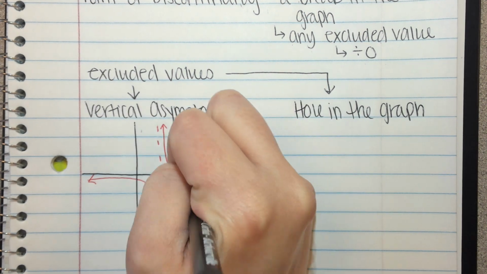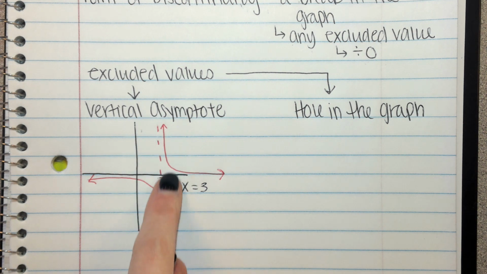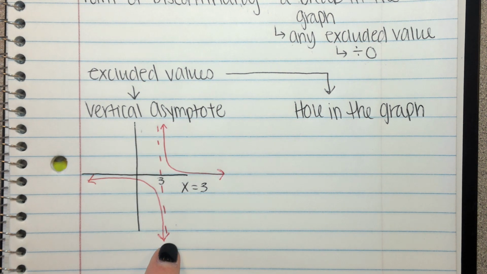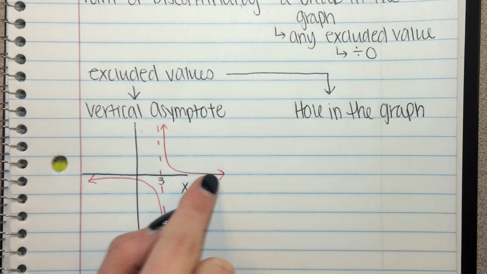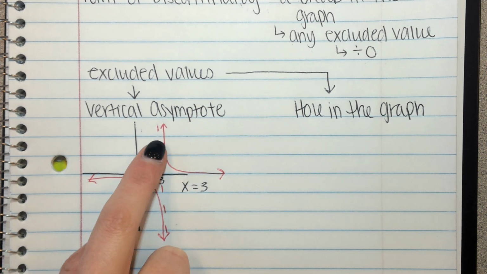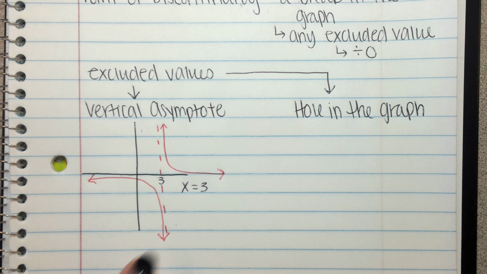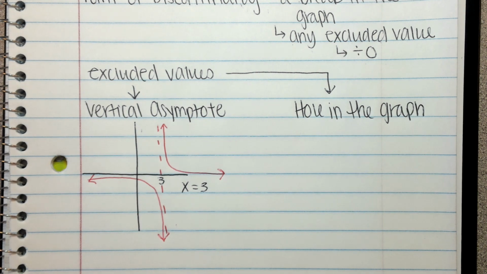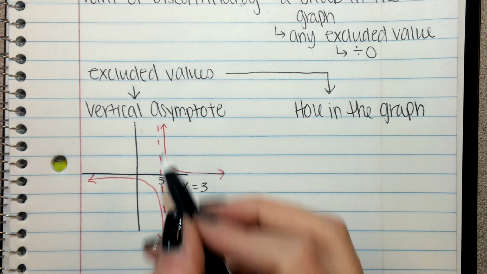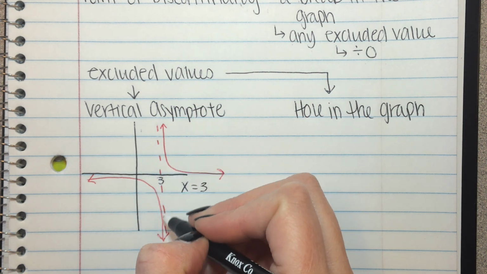So at x equals 3, we've got this nice dotted line. That's a vertical asymptote. And if you notice, our graph, the curves, get extremely close to that line, but they never touch it. That's what an asymptote is. It means that the curve or the graph is going to get very, very close to that line, but it will never get exactly on it.